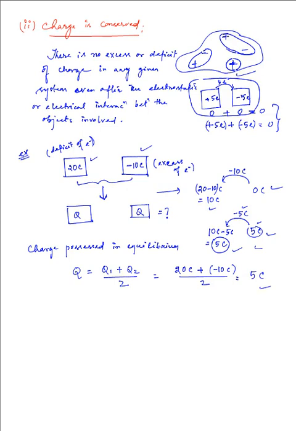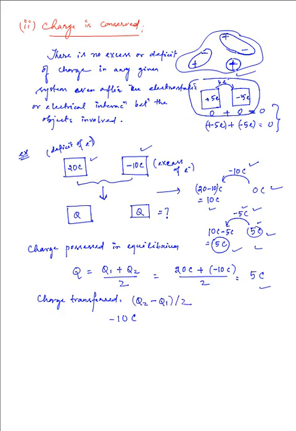And then if we wish to obtain the amount of charge transferred, let's calculate that first hand. Here we transferred 10 coulomb of charge, negative obviously, and here we transferred minus 5 coulomb of charge. So in all we transferred minus 15 coulomb of charge. So charge transferred can be given by this formula: Q2 minus Q1 divided by 2.